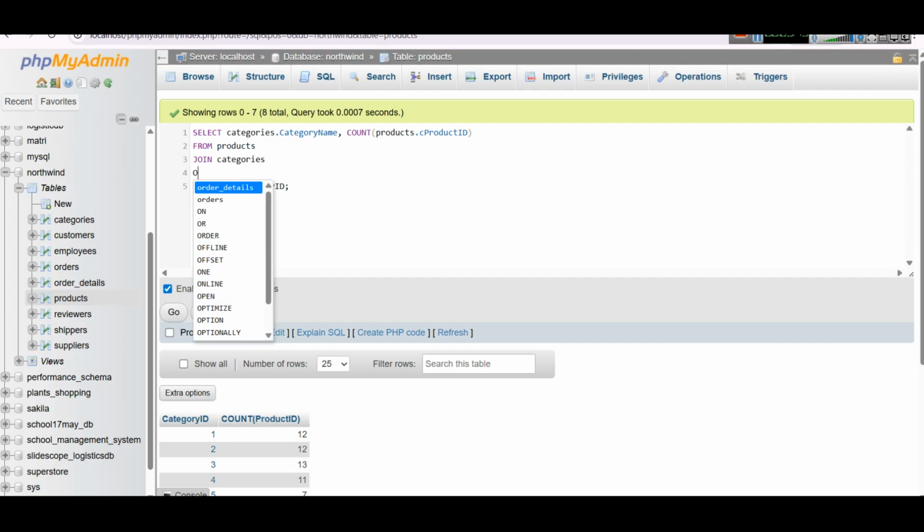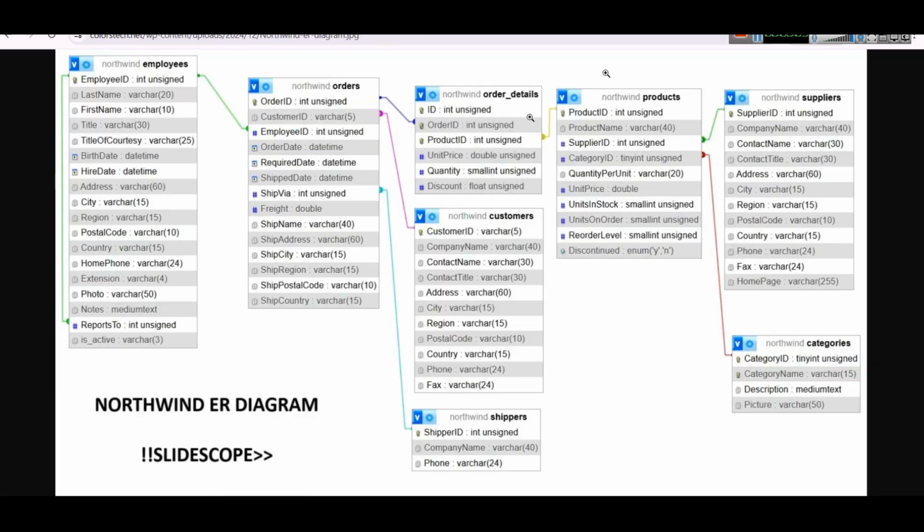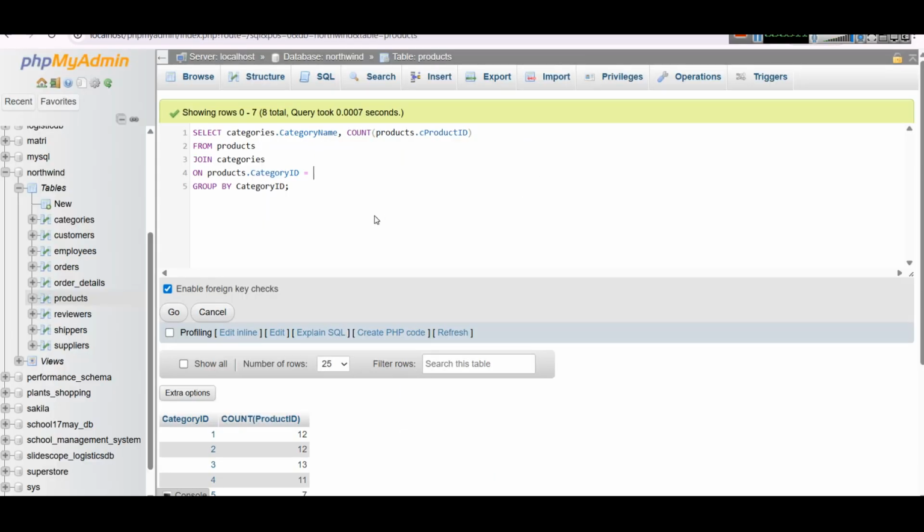Then we have to write on, as we saw in the previous example also. On products dot category ID, whatever is common between them. We know that category ID is common between products and categories. So we'll write equals categories dot category ID, and now you cannot write group by category ID because there is no such column, so you will group by categories dot category name.